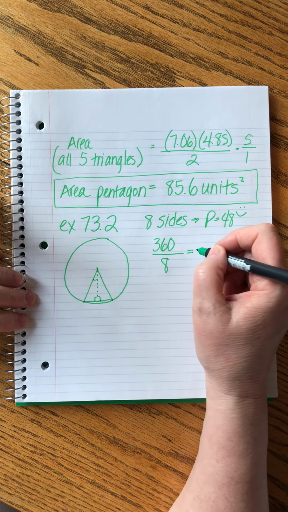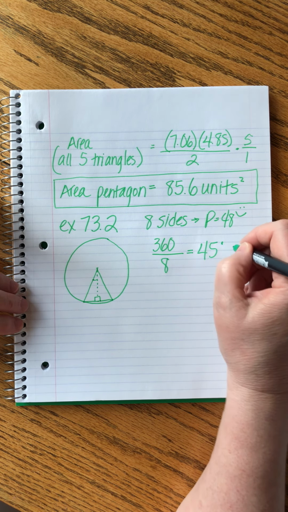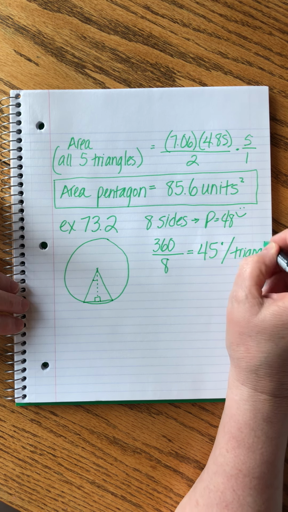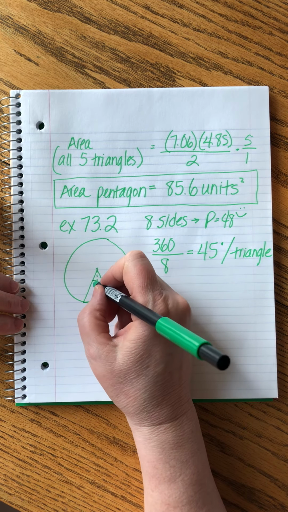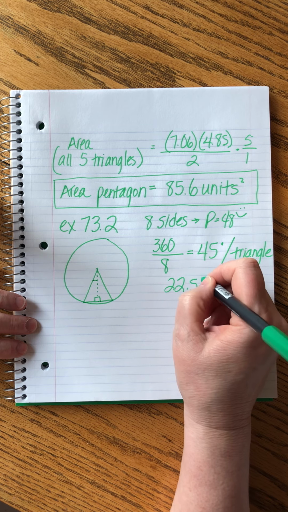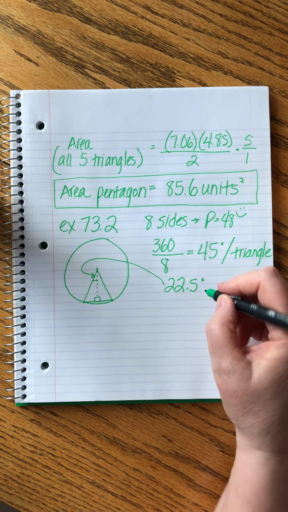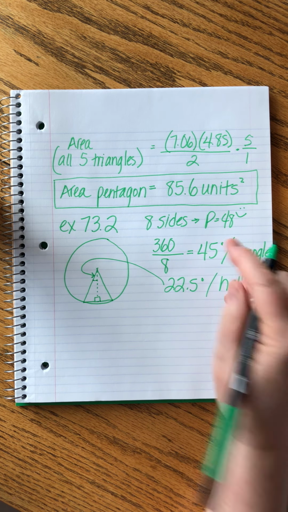We'll do it in 2 steps. That will be 45 degrees per triangle. But I want to split my triangle in half, so that means this angle will be 22.5 degrees for just half the triangle. I cut that number in half.